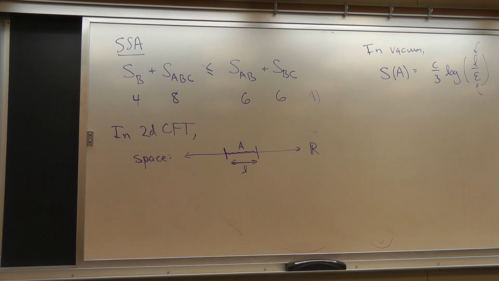Now, the fact that there's a UV cutoff here means that if you add a constant term to this, like, I don't know, add 5 to this or something, that can be absorbed into the cutoff. So there's a constant shift, which is non-universal, but the coefficient of the log term is universal and is given by the central charge of the CFT.